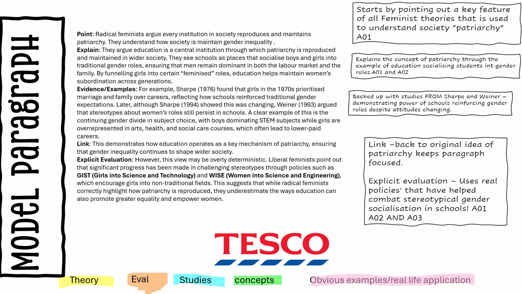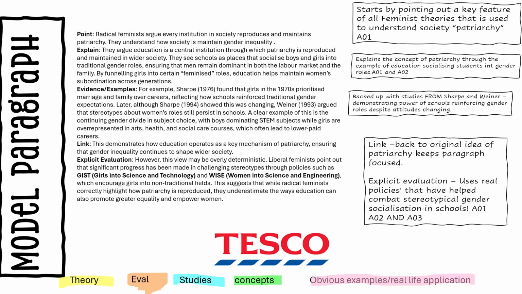This demonstrates how education operates as a key mechanism of patriarchy, ensuring that gender inequality continues to shape wider society. And then I finish with an evaluation that is explicit. It's overly deterministic, but why? Liberal feminists point out that significant progress has been made in challenging stereotypes.